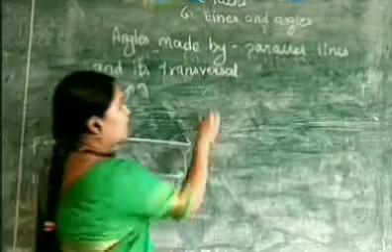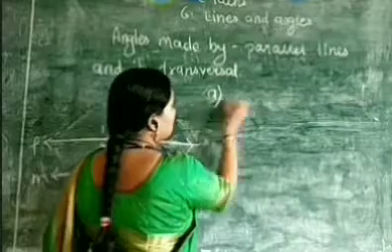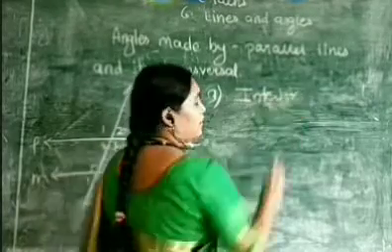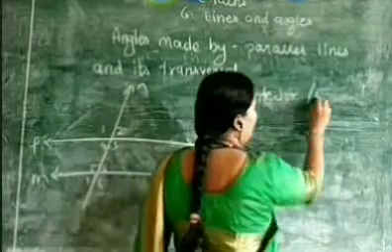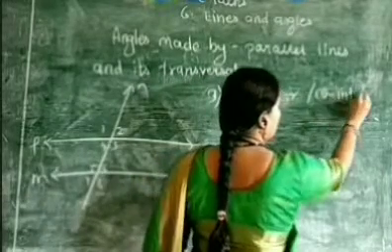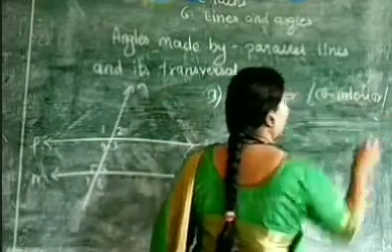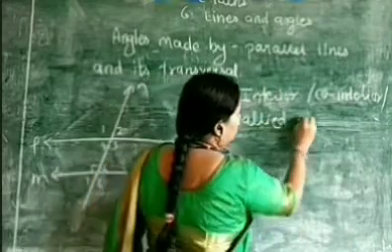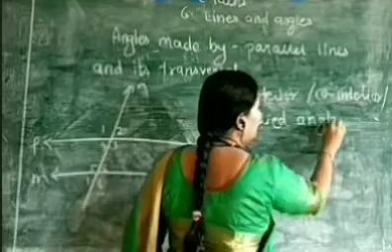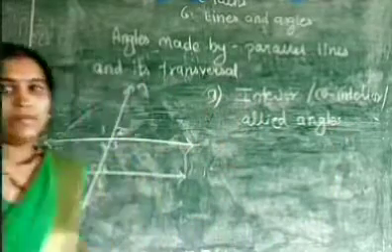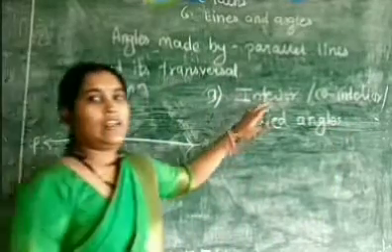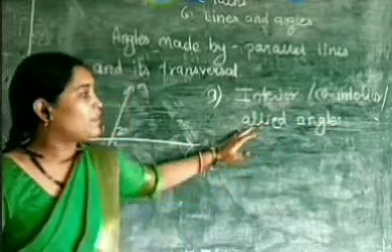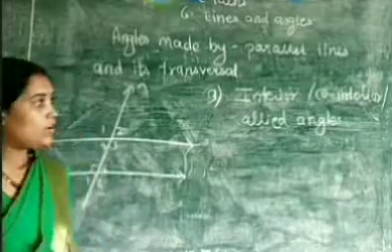Now we are talking about the third angle, which is the interior angle. It is also called the co-interior angle or allied angle.